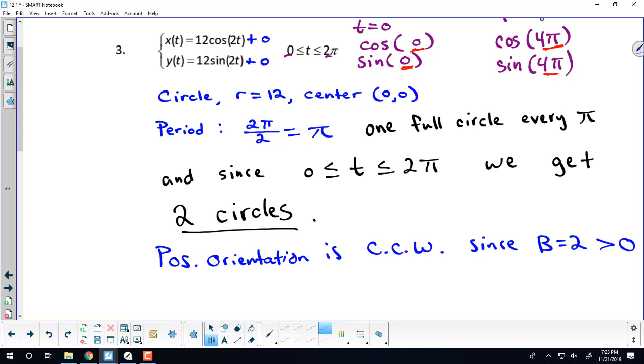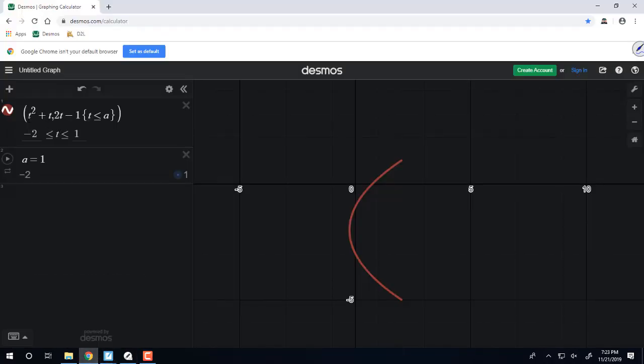Okay. I didn't really ask for the initial point or anything, so we'll just verify this, and then if I still have space, we'll look at how we convert or eliminate t from this. So I have 12 cosine 2t.